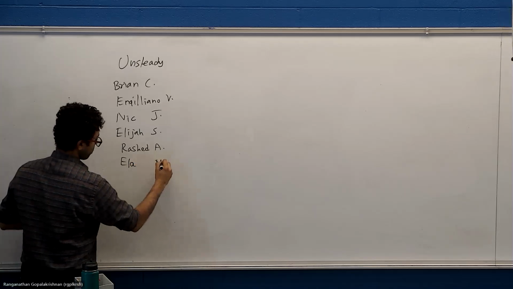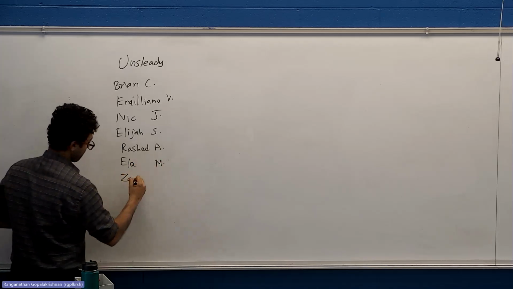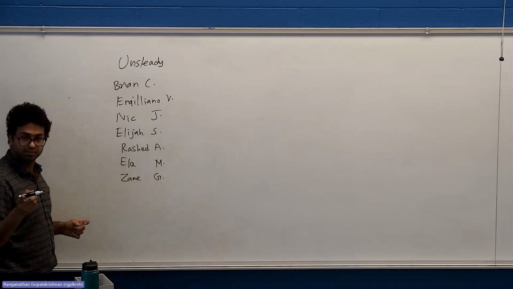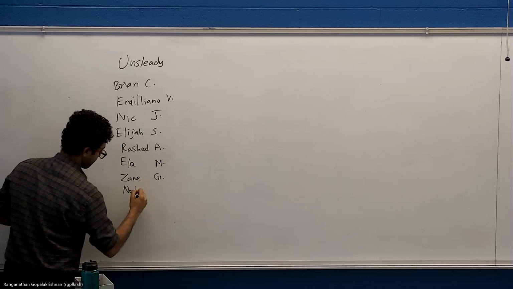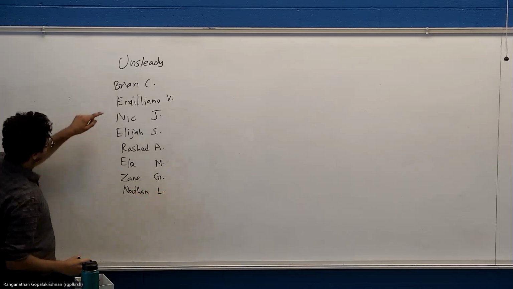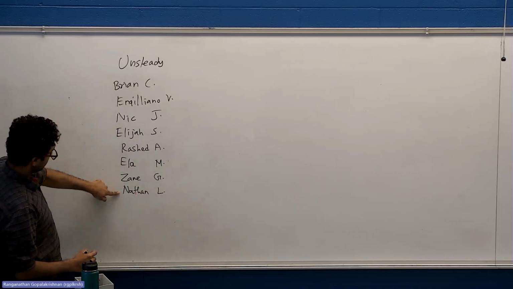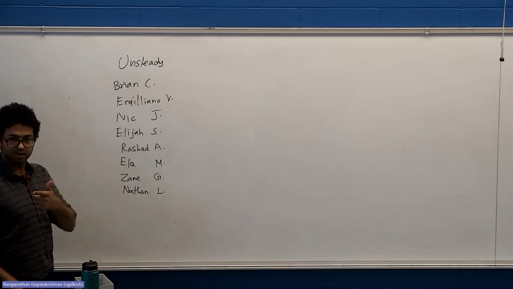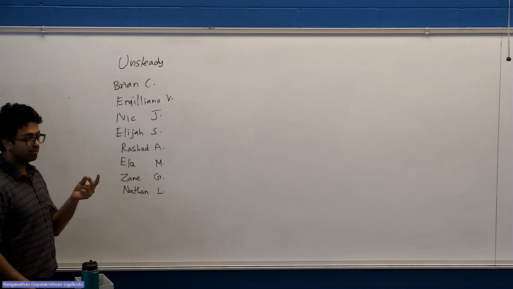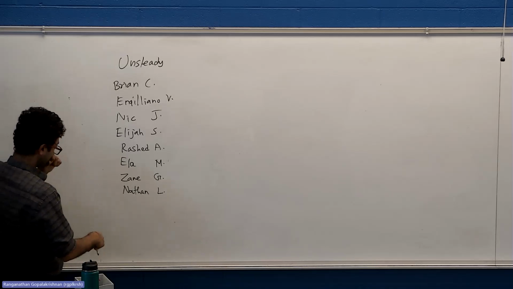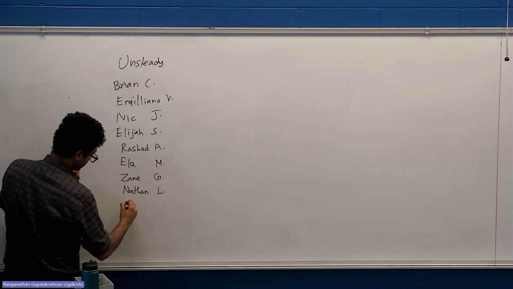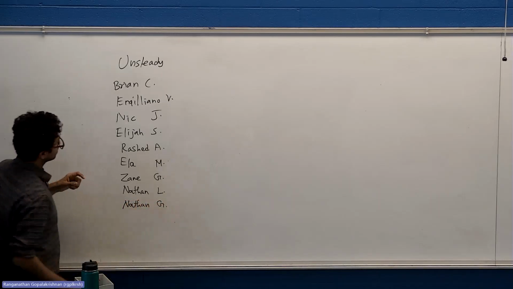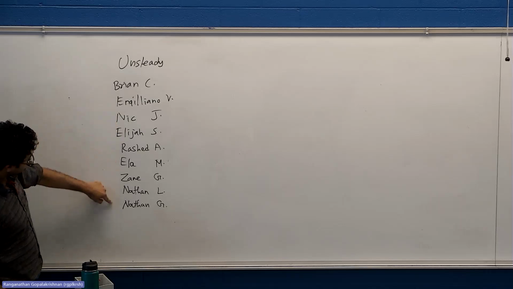And last name? 3, 6, 8. I know who is absent today. Isaac and one Garner. I'll put the Garner here. So we have 3, 6, 9.